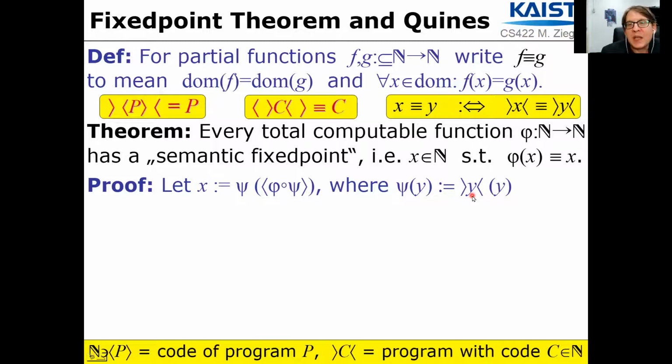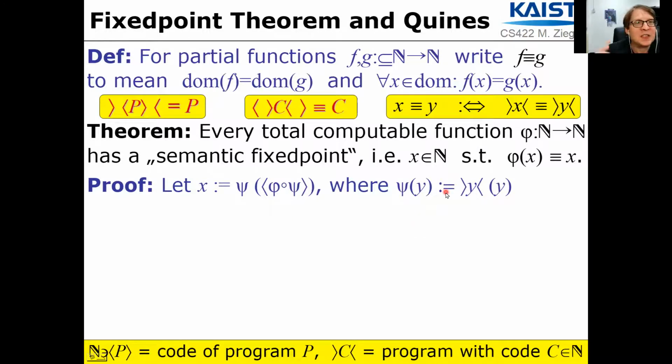That basically means undo the encoding here, right? So these angle brackets are the inverse of these. So what psi of this argument will do is, here's the decoding, here's the encoding, and here's the decoding. That means execute phi after psi on what? On the argument, on the code of phi after psi, which is a natural number.